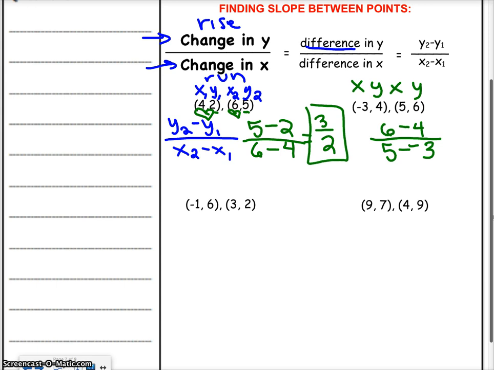Now you just have to be careful with integers here. This is 2 over, what happens with minus a negative? Adding it. So that's really 2 over 8. And then you simplify that into 1 over 4. So the slope between these 2 points is 1 over 4. Go up 1 over 4. Rise over run.